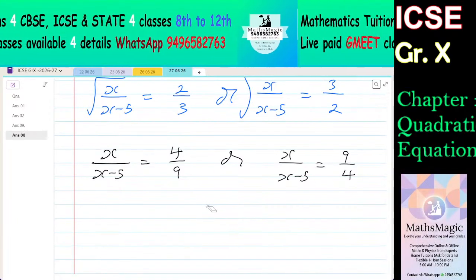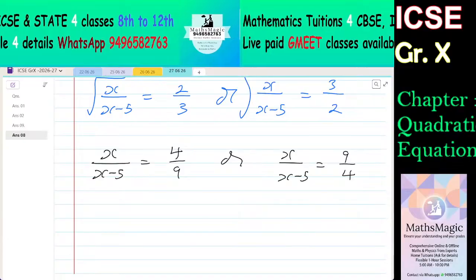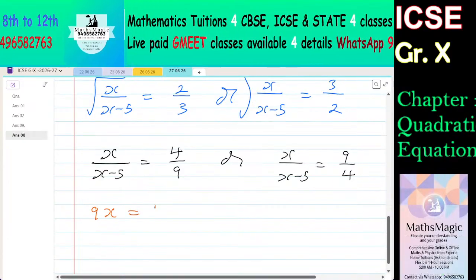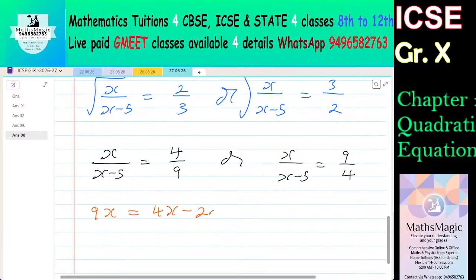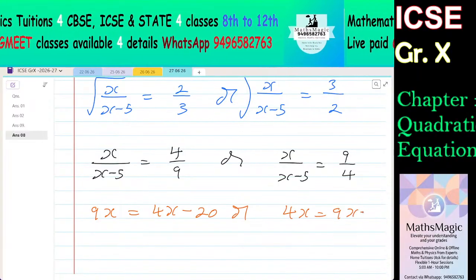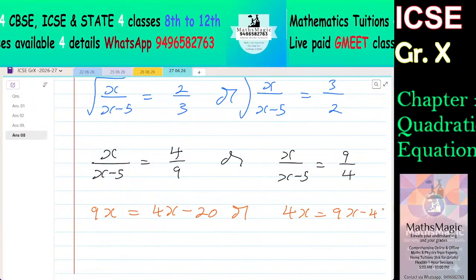So here you will get 9x equals 4x minus 20, or 4x equals 9x minus 45.